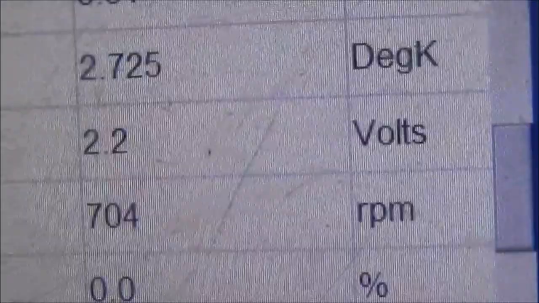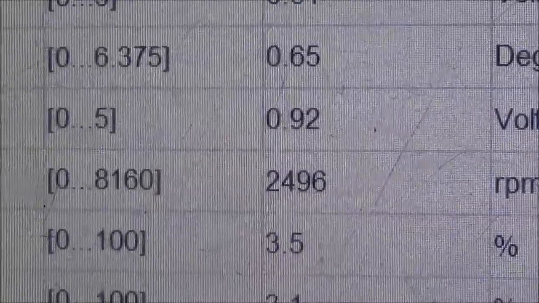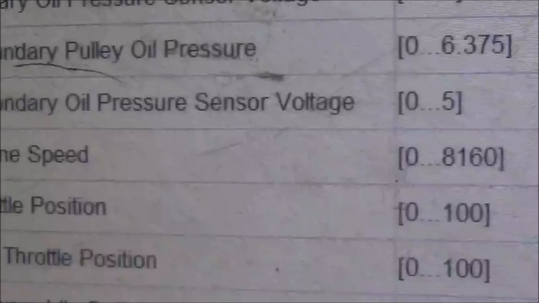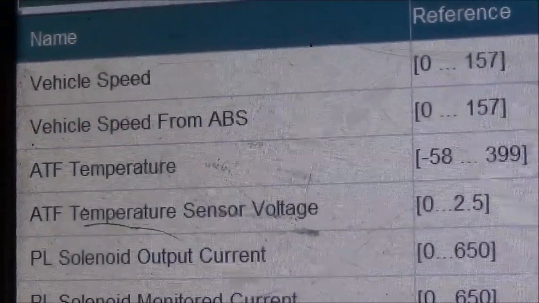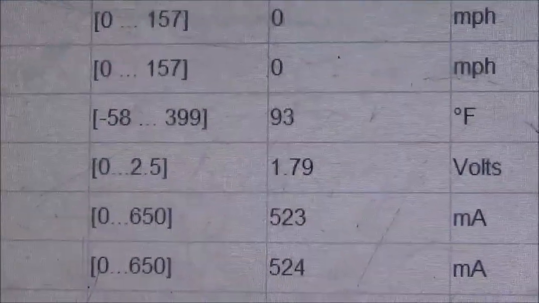Engine speed 700 RPMs. Seems like the engine speed RPMs match the driven or primary pulley RPMs. Of course, the vehicle speed is nothing, and I'm still in drive. I'm still set to drive here. Where is it? Okay, that's still drive.